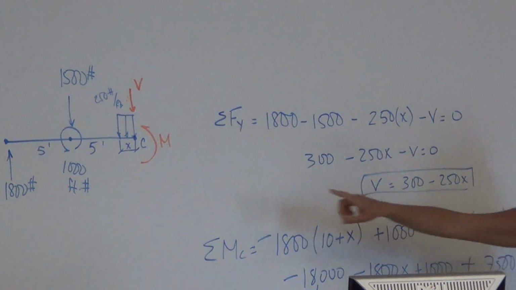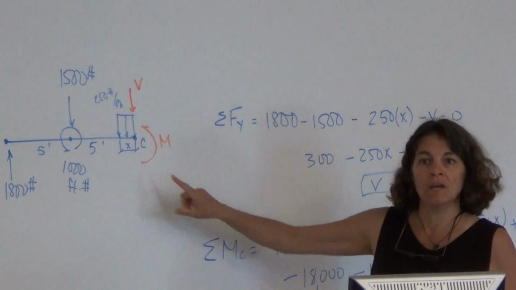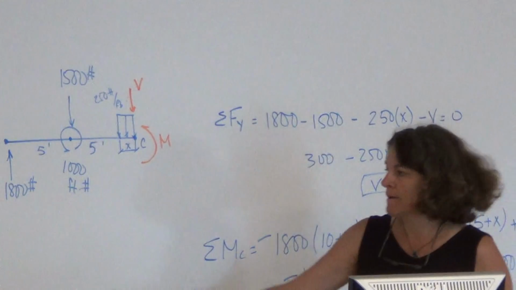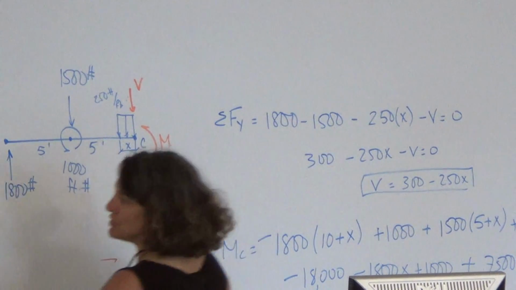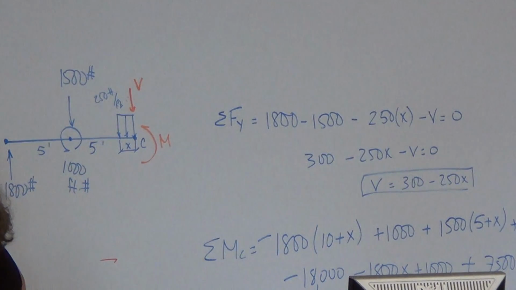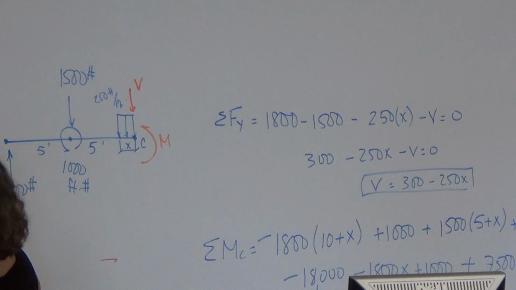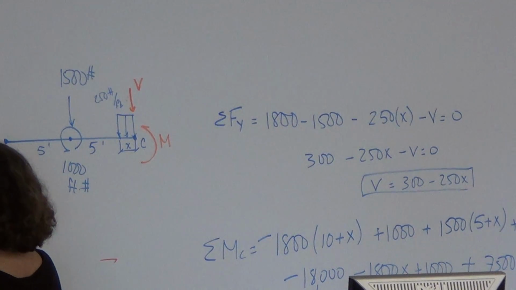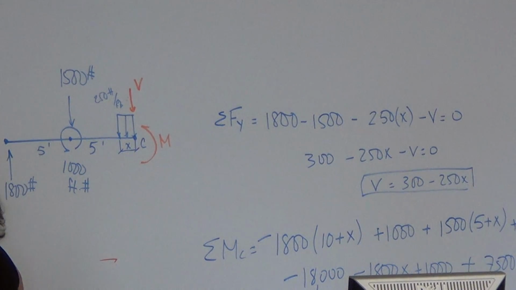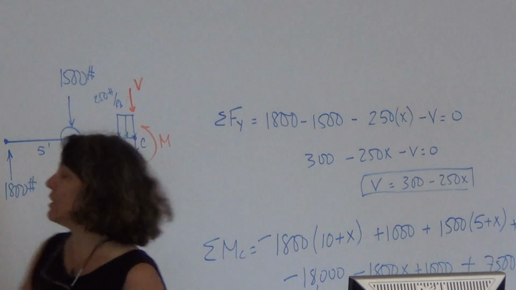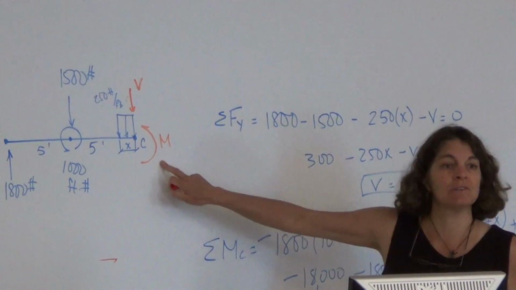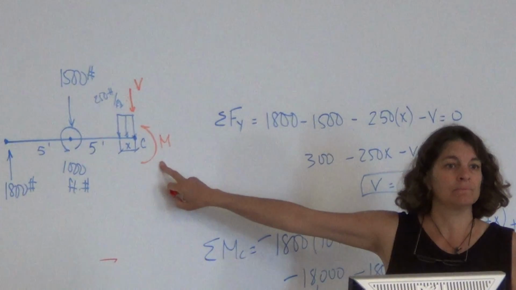And the reason that this is the correct sign convention is, remember our little cheat sheet? On the shear diagram, if we have 18 going up, and then it comes down to 15, this is the area, and it's a positive area. If it's a positive area, we want a positive slope. But in order to get a positive slope, I have to have this as the sign convention.